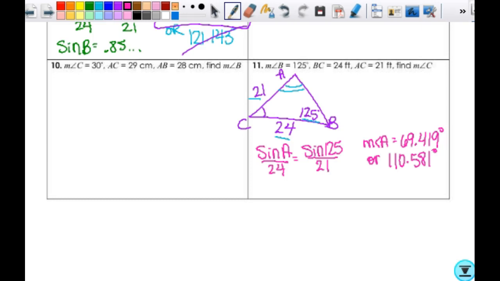So then we have to check them. And when you check them and you do 125 plus 69 whatever, well, that's greater than 180. So that doesn't work. And then 125 plus 110 something definitely isn't going to work. So you got nothing. You got no solution again.